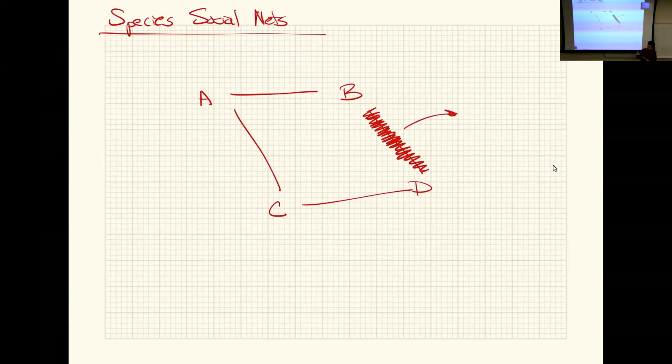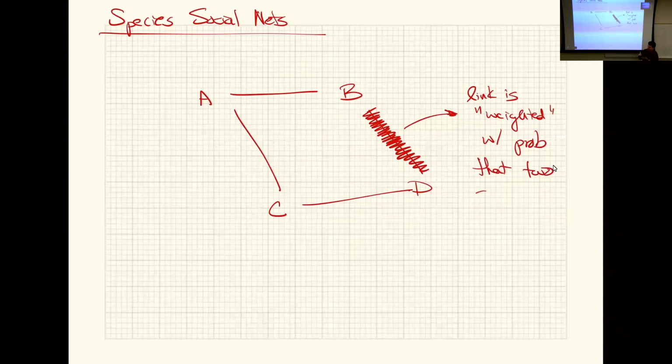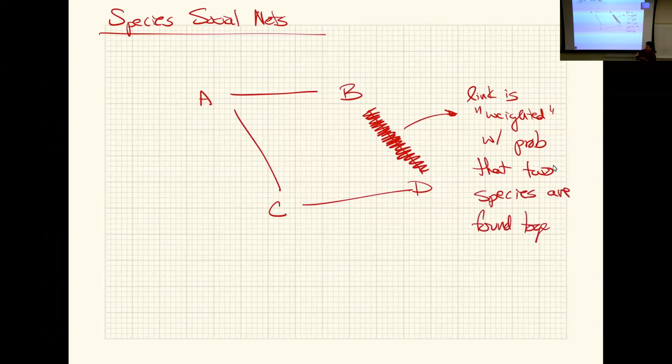And so we have a link that is weighted with the probability that two species are found together in a flock. And so if this is a thick line, then it's got high probability. If it's a thin line, then it's got low probability.